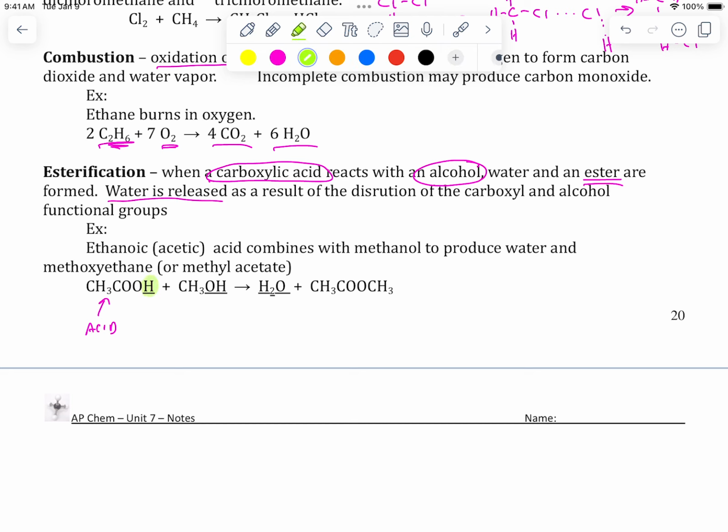Okay, and then it reacts with the alcohol. The alcohol has the OH. These two combine, give you water. And then the juncture between here and here. I didn't draw that right here.